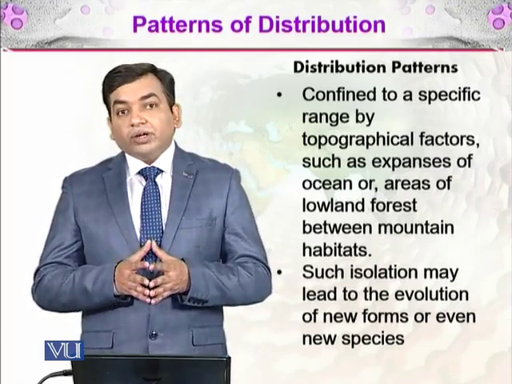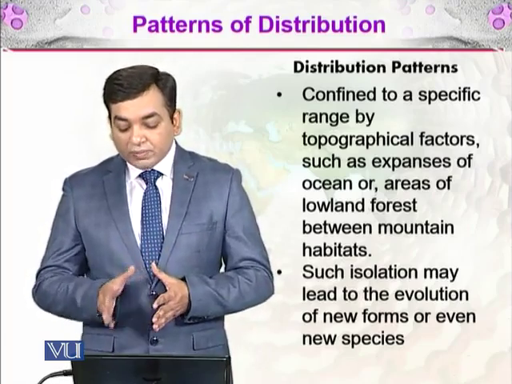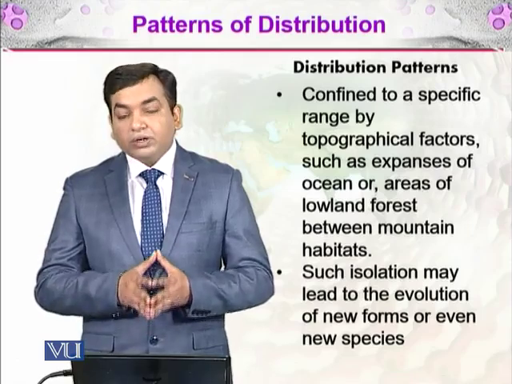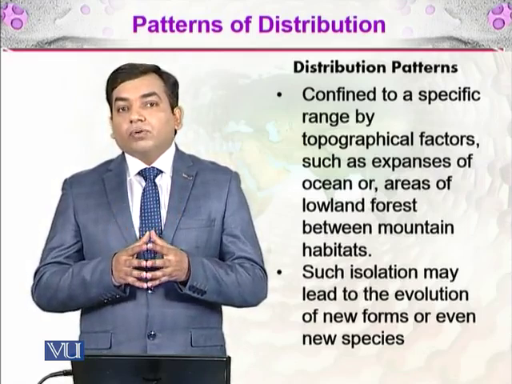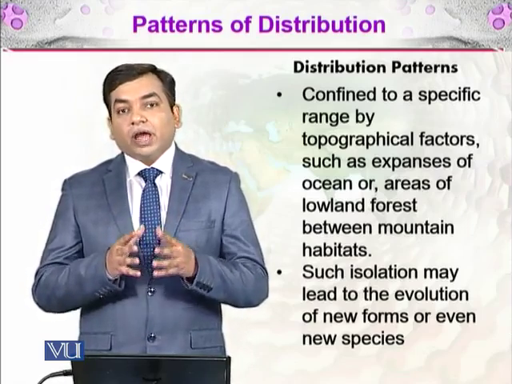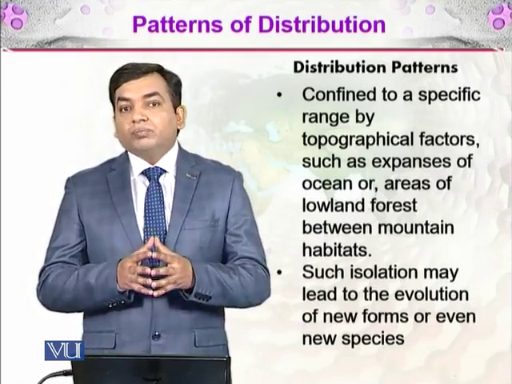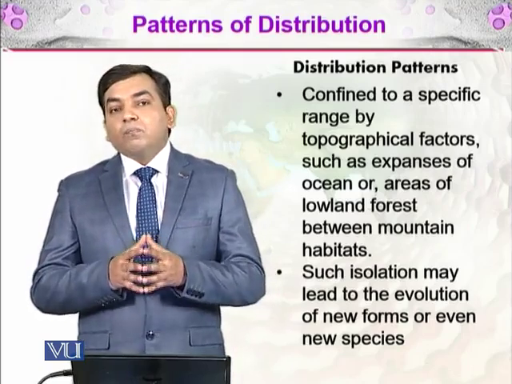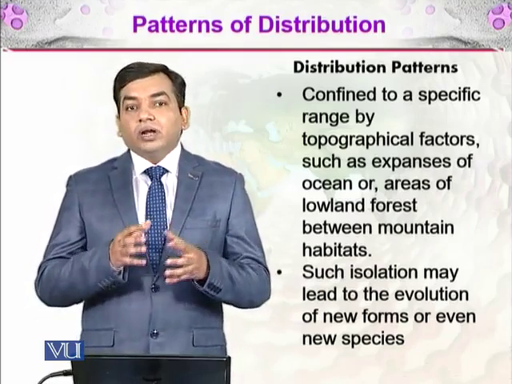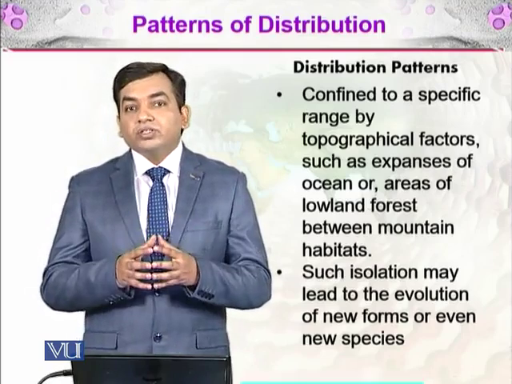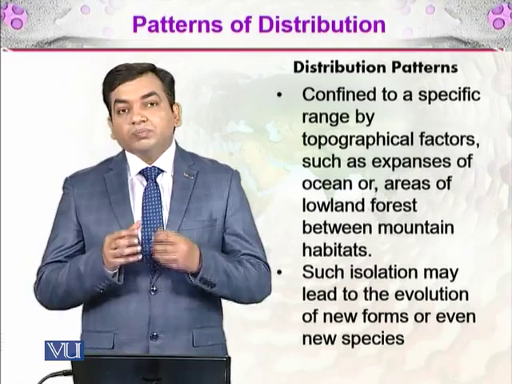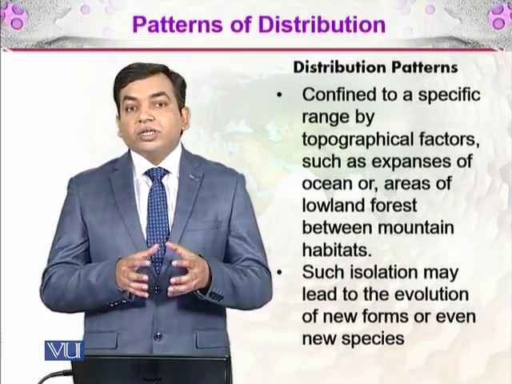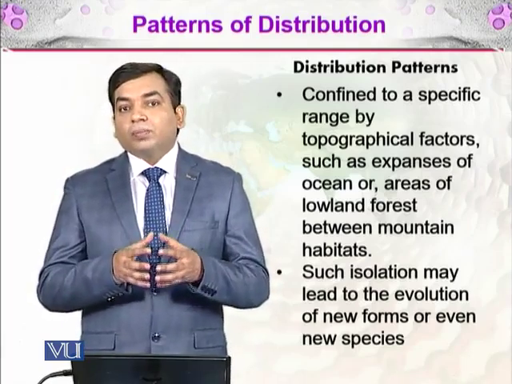And when there is such isolation, this may lead to the evolution of new forms and even new species. When organisms of one species are at one place, they will be similar. But their patterns of distribution can differ due to the presence of a specific topographical factor in between, right?